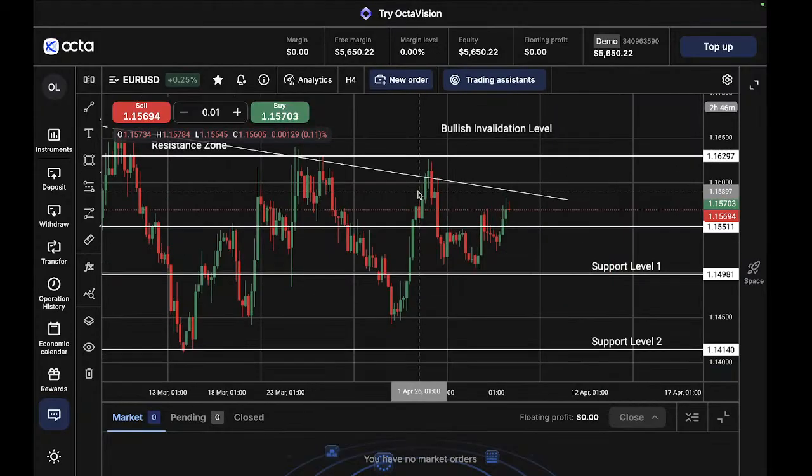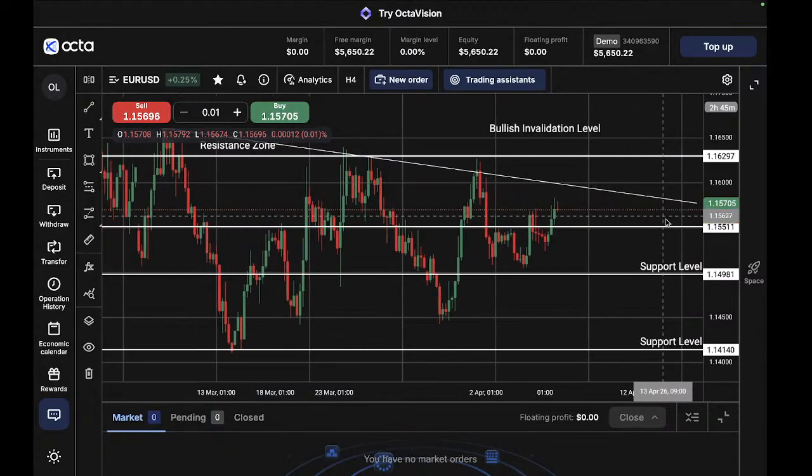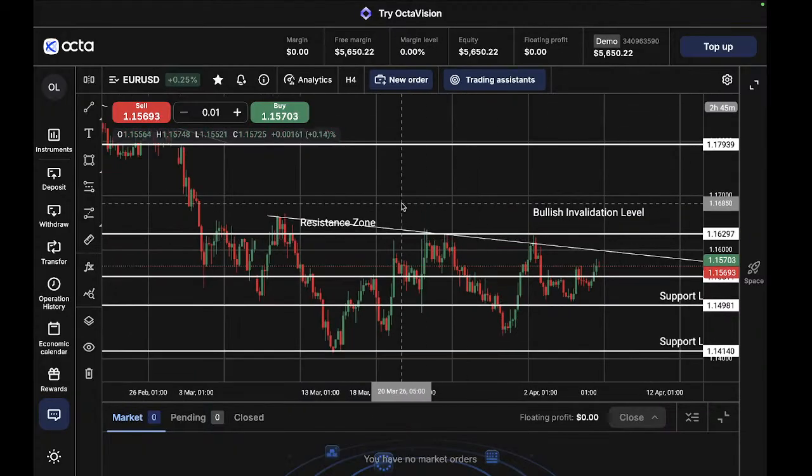Now, why is this something that we also need to watch? That is because there has been a lower high pattern. Lower high, lower high, not higher high. When there is a higher high, market is going bullish. So the chances are that market is going to continue to drop for some time when there are lower highs.